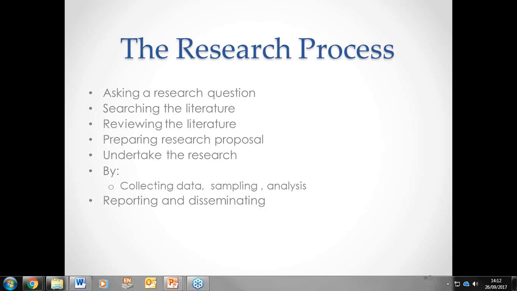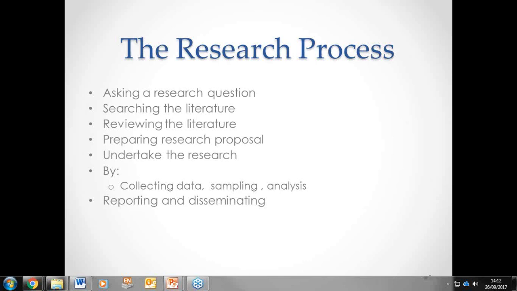There is never a perfect piece of research. Every piece of research has flaws. However robust it seems, it has flaws. But if we're looking at the research process, we're looking at asking a research question. So you're asking a question or making a statement about practice.